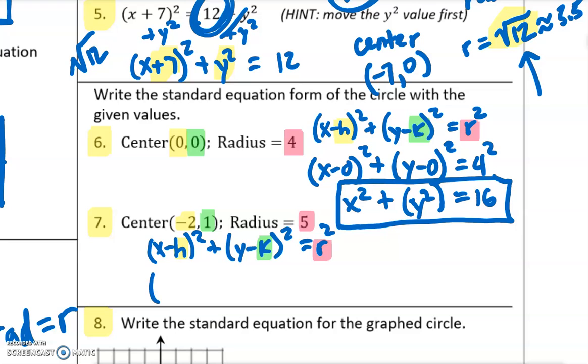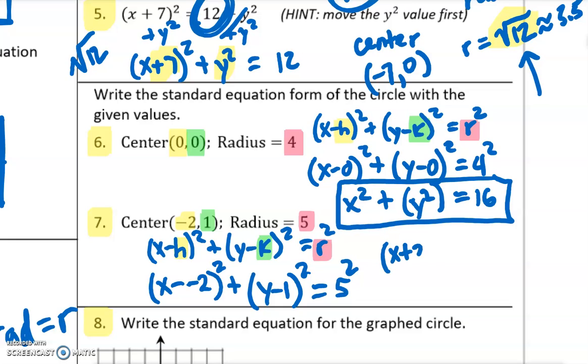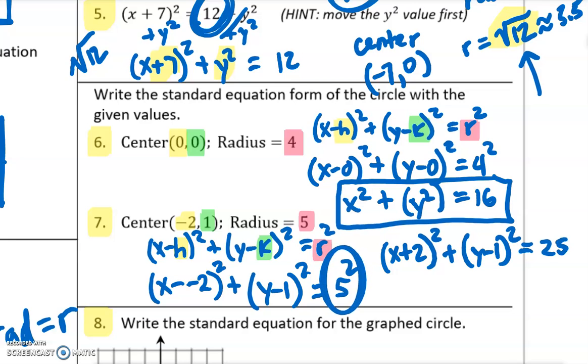So (x minus negative 2) squared plus (y minus 1) squared equals 5 squared. Let's clean this up. x minus negative 2 should be written as (x plus 2) squared, plus (y minus 1) squared is perfectly fine, equals, and then 5 squared is 25.